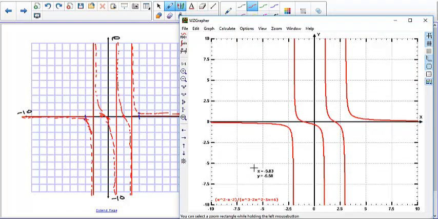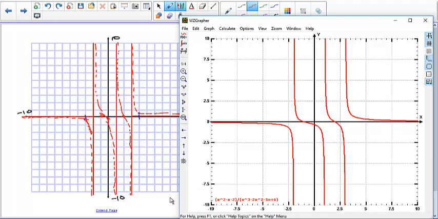So you can see how quickly these things approach the horizontal asymptotes. You see how here it crosses the y-axis at about y equals 0.3 something. What did I say it was?